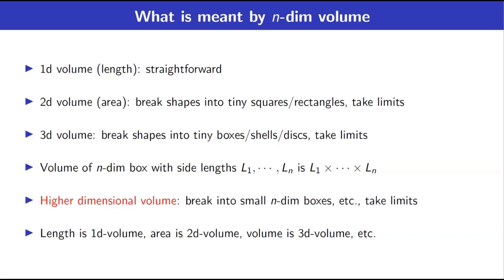Moving to higher dimensions, the volume of an n-dimensional box with side lengths L1 through L sub n is simply the product of all of the lengths, and these are your basic units in n-dimensional space. For higher dimensional volume, you just break your shape into small n-dimensional boxes and take limits, so it all works out the same way. Conceptually now, length is 1D volume, area is 2D volume, and what you typically think of as volume, we call 3D volume.